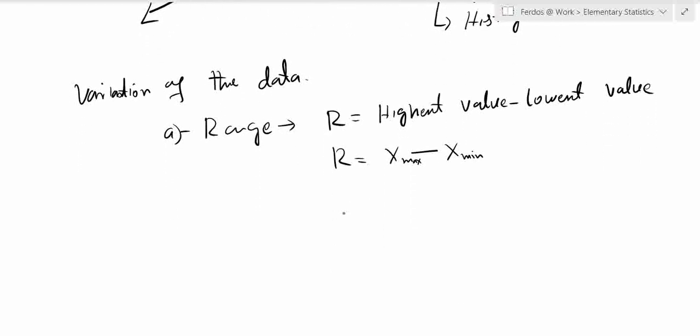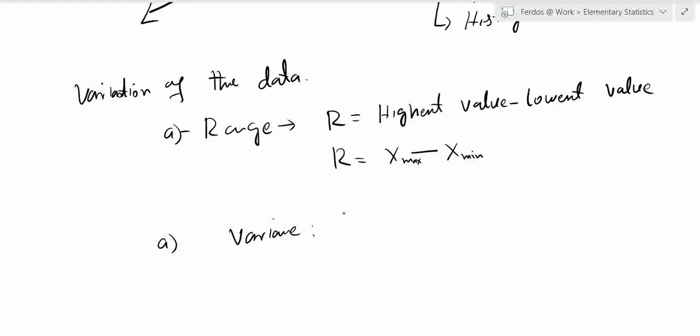And now variance and standard deviation. Remember, this is very important because if two data sets have the same mean value, then you need to calculate the variation. The data which has less variation, we can say this data is better if the mean values are the same. So now variance.